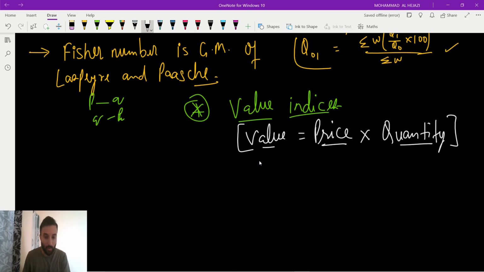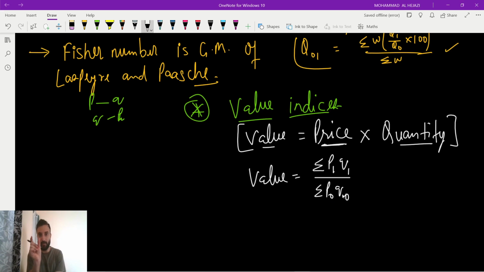The formula is very important. Product of price and quantity means summation of price for the current year times quantity for the current year, divided by summation of P naught Q naught.